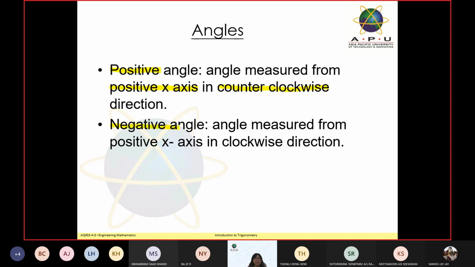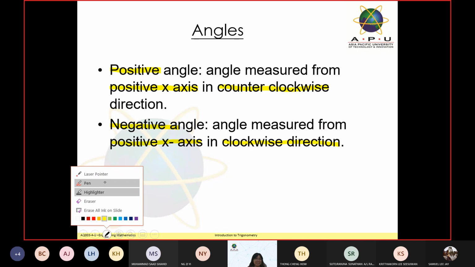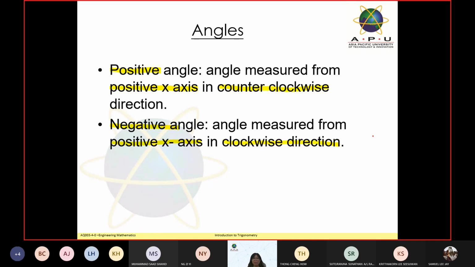A negative angle means the angle is measured from the positive x-axis in the clockwise direction. Clockwise follows the clock. Counterclockwise, also called anti-clockwise, is the opposite direction of the clock.